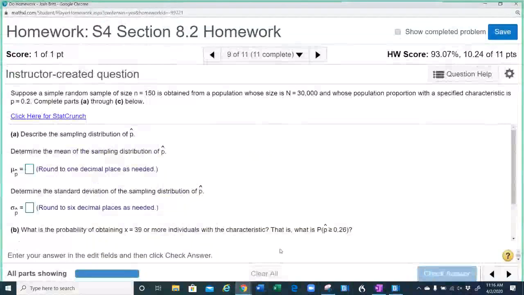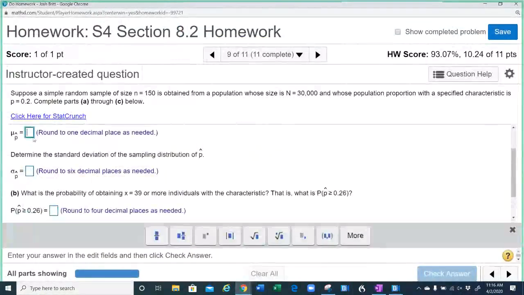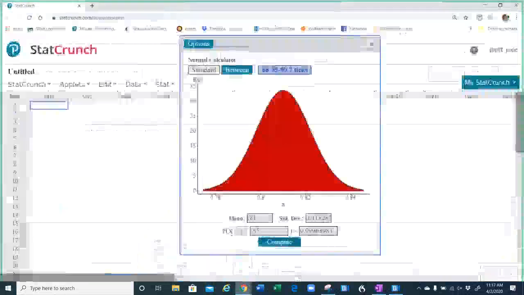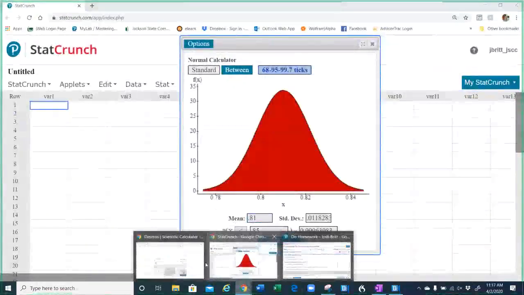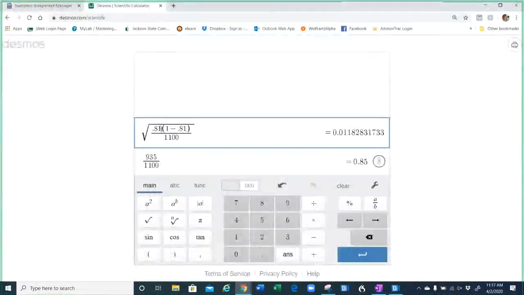All right, mean again, straight away, 0.2, standard deviation over sample size, so it's 0.2, 150.